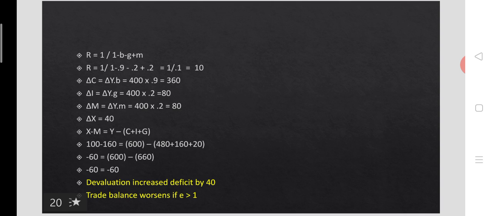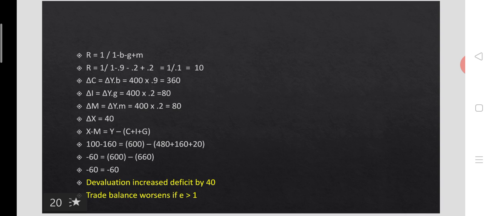And here we first have to calculate the foreign trade multiplier to estimate how much the change in export would lead to change in income.